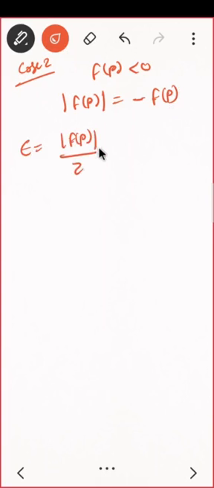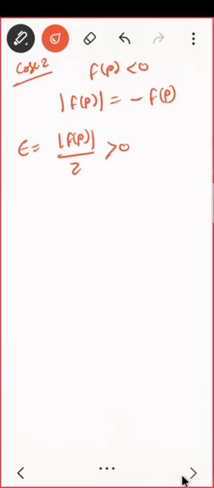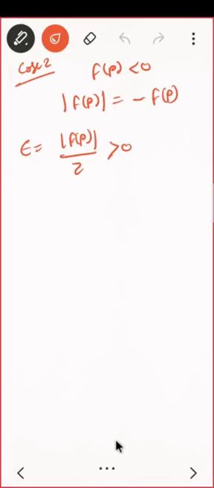Since mod f of p is taken, this will be positive. Since f is continuous, now you have to complete this. I'll give 2 pages of space and make you think. Think about this and tell me. You may send your solution to me. I'll check and tell you.